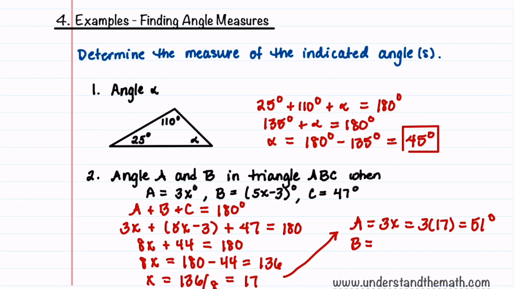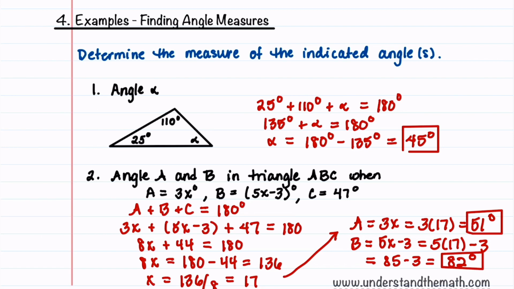Angle B is 5x minus 3, which is 5 times 17 minus 3. We're almost running out of room, but we do have enough room. So this gives us 85 minus 3, which is 82 degrees. And let's go ahead and box those answers.